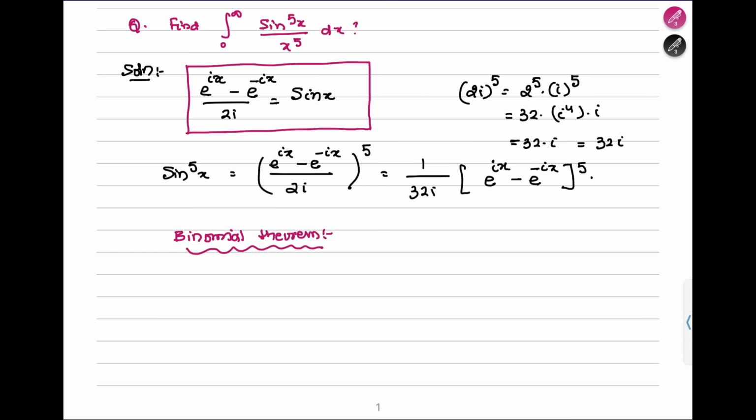It has got a lot of applications, and binomial expansion is very handy, and it's got a lot of applications in engineering, mathematics and sciences.